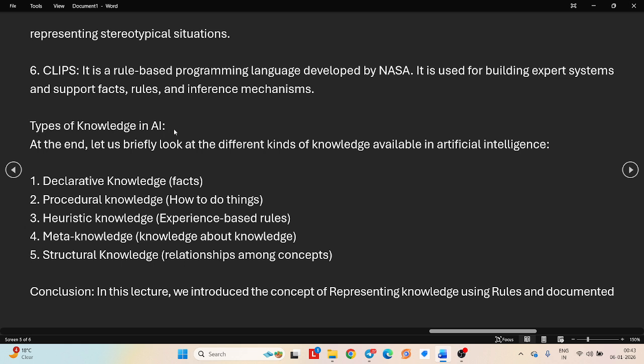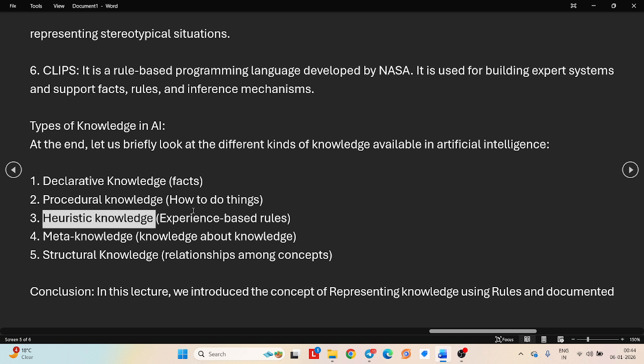Then, types of knowledge in AI. At the end, let us briefly look at the different kinds of knowledge available in artificial intelligence. We have declarative knowledge, which works based on facts, and procedural knowledge, which deals with how to do things.